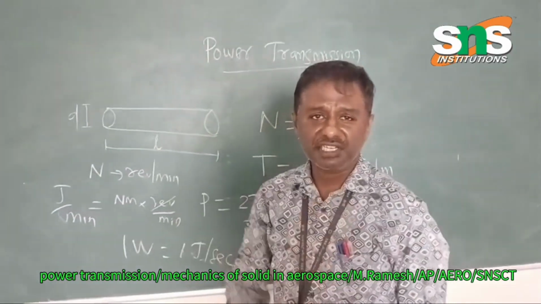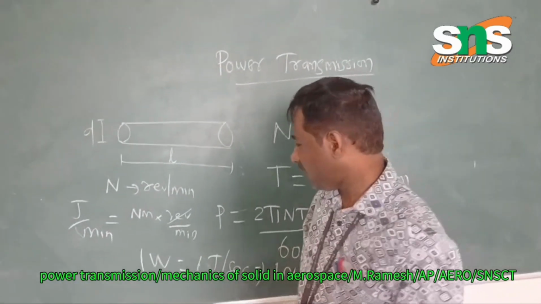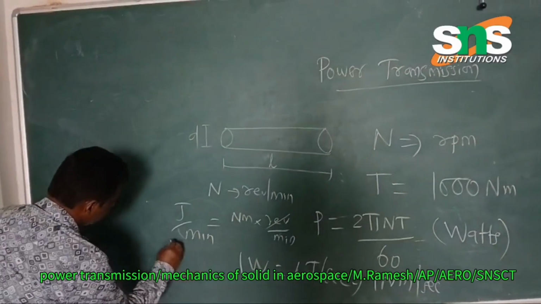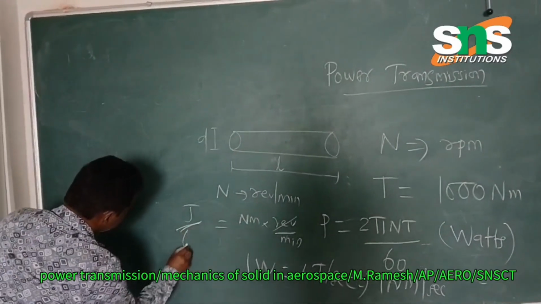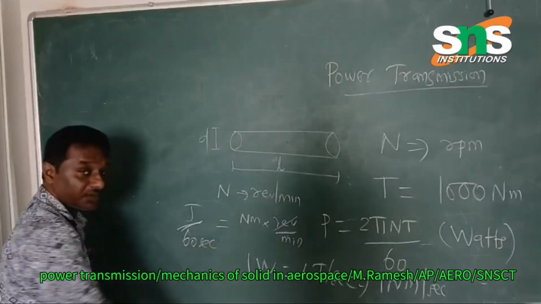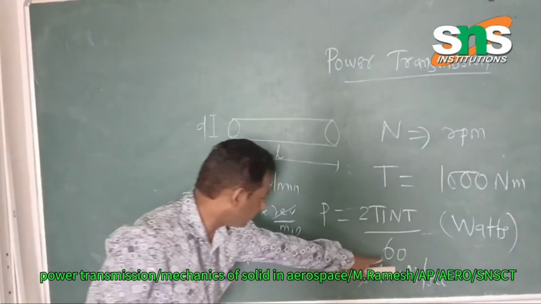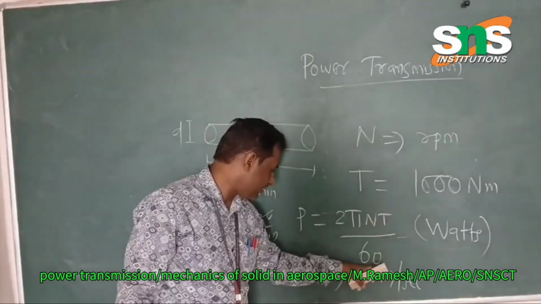So without the 60 it is joule per minute. Instead of a minute, I replace it with 60 seconds, so it becomes joule per second, and the 60 comes in the denominator: 2 pi N T by 60.